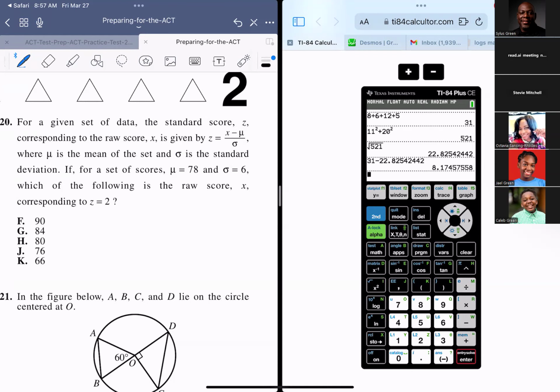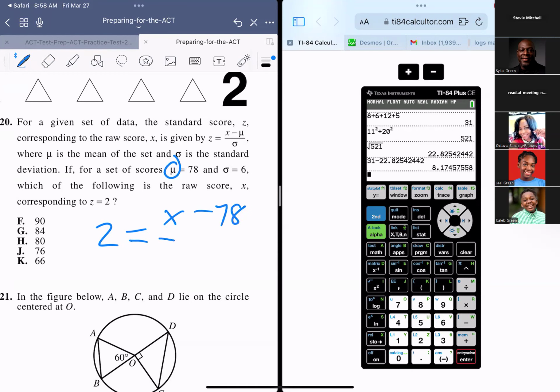Okay. So this one, we just have to plug in some stuff. So the raw score x, that's what we're trying to find. So 2 equals, it tells you that z is 2, and then you're trying to find x, but it tells you that u is 78.